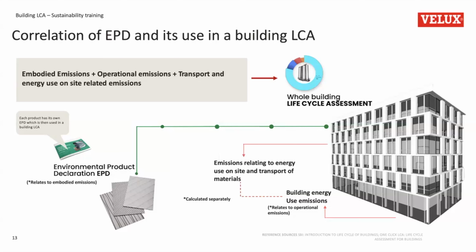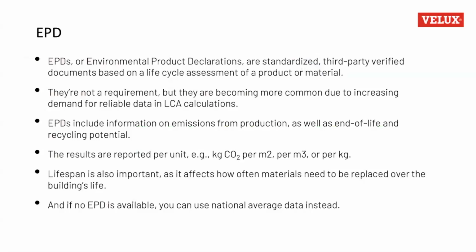And to understand those material-related emissions better, we use EPDs, or environmental product declarations. What these are, it's third-party verified documents that are essentially life cycle assessments of materials or of products instead of buildings.